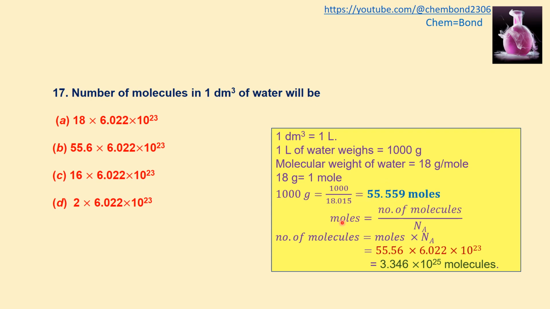Now the mole has the formula: number of molecules divided by Avogadro number. By rearranging this formula, the number of molecules is moles multiplied by Avogadro number. The moles are given, and the Avogadro number is a constant, so we will get this number. Among these options, 55.6 times Avogadro number is the correct answer.